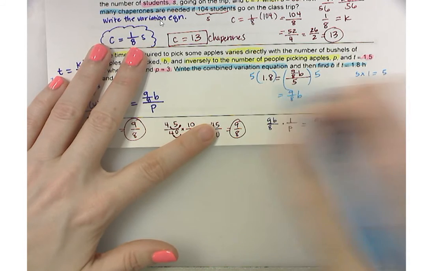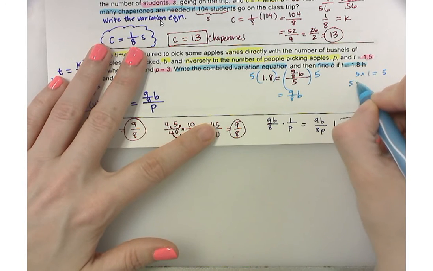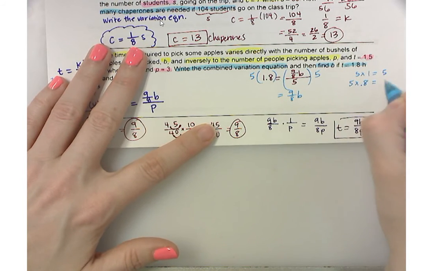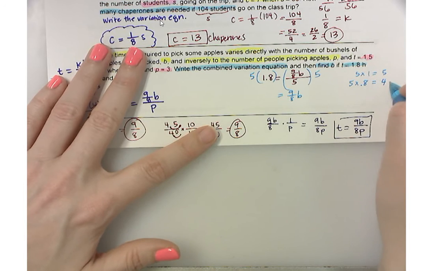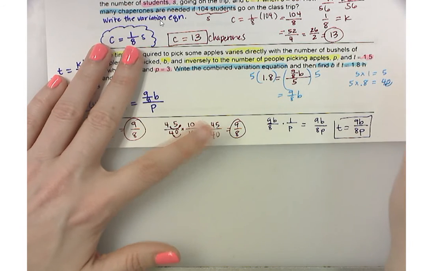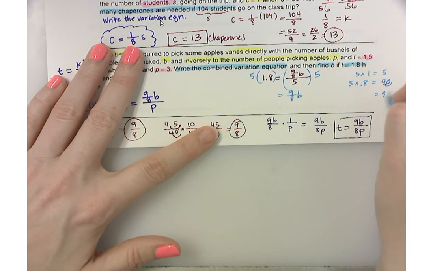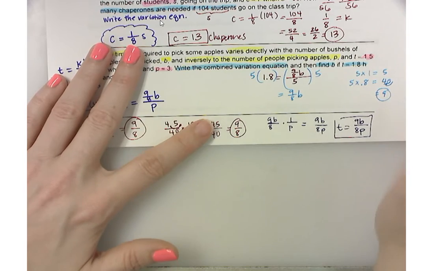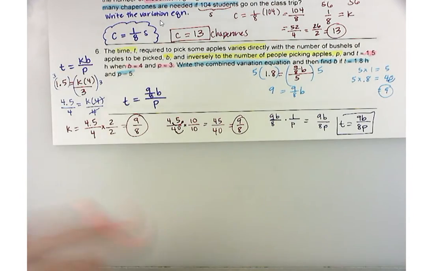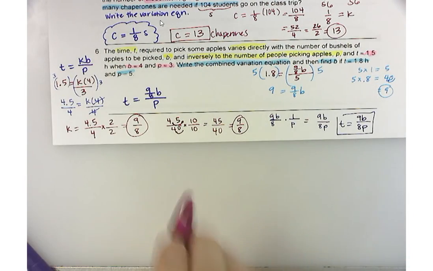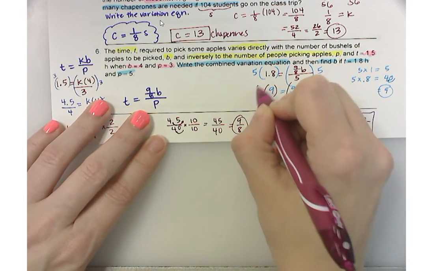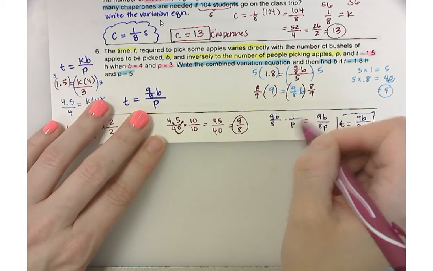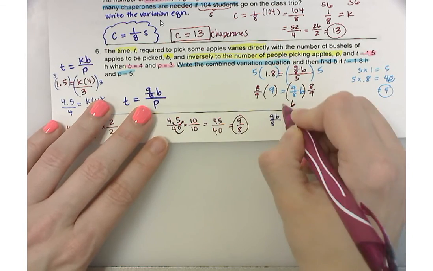So then when you have to multiply by the reciprocal, 8 over 9, what's nice about that? Cancels, right? So then you just have 8. So your B value is going to be 8. You could also do 8 times 9, which is 72, and then divide it by 9.